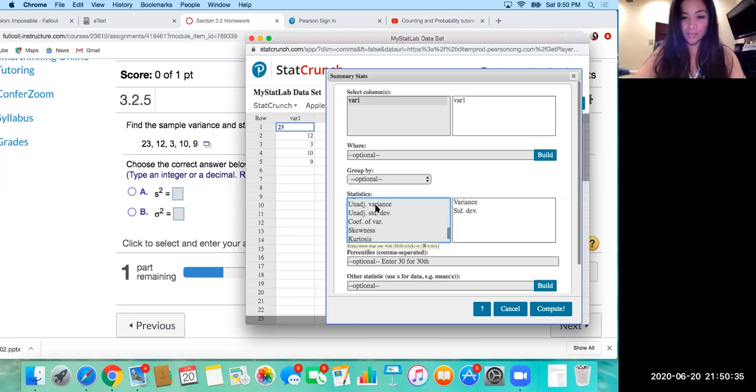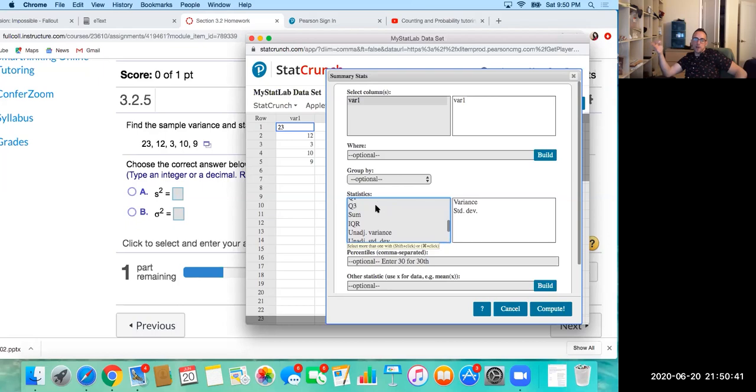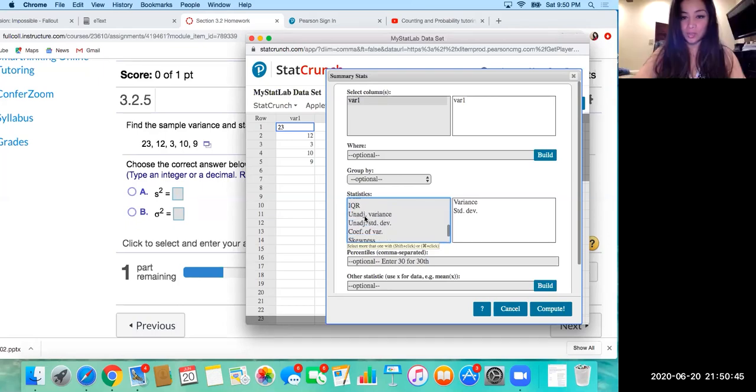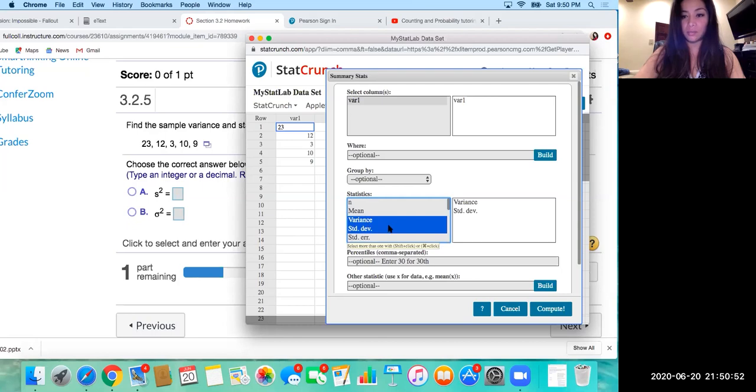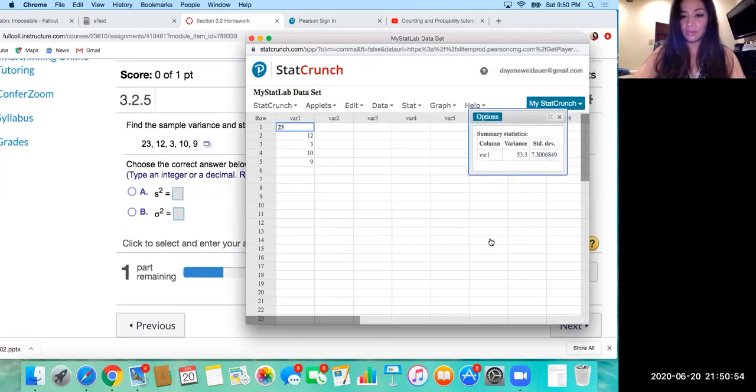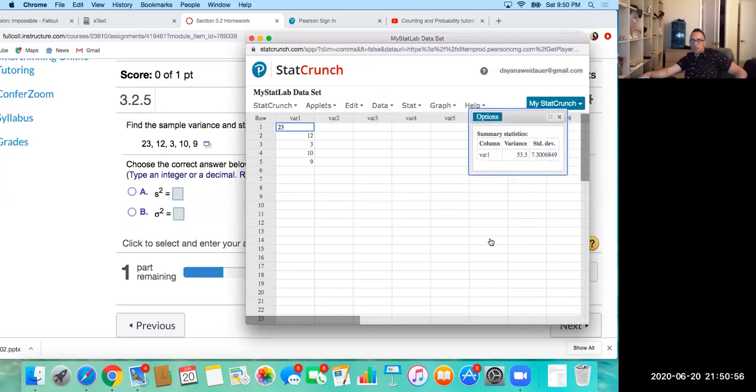I want to ask what the difference is between unadjusted and the other one. One of them is for the sample, and the other one is for the population. So I'm assuming unadjusted will be the population? Yeah. And the variance is the sample. Yeah.